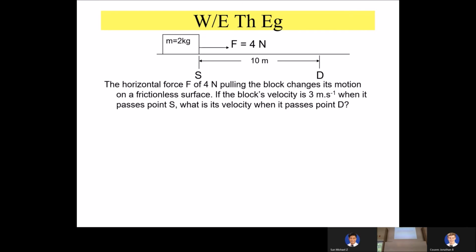The work done by this force must be equal to the net work, and the net work must be equal to the change in kinetic energy. You should be able to calculate the initial kinetic energy because you know the initial velocity.